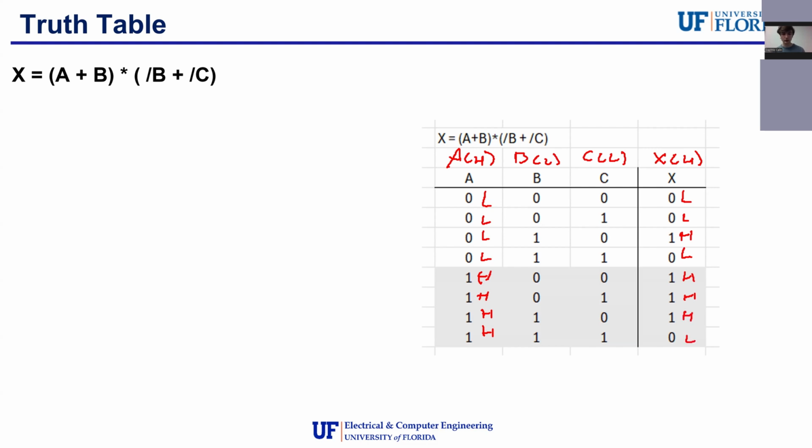And for these active low signals, they're true when it's low. So the zeros get H's, which makes sense, because active low means true when low, so it's high when it's low. And we can copy the same thing here.